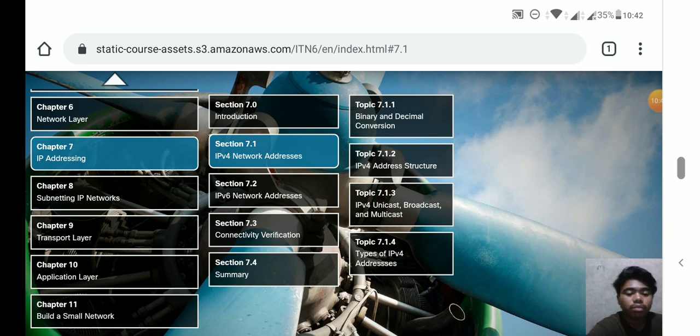After typing it, the configuration is running, and it's now connected. Static link local addresses and this configuration. So that's all for chapter 7.